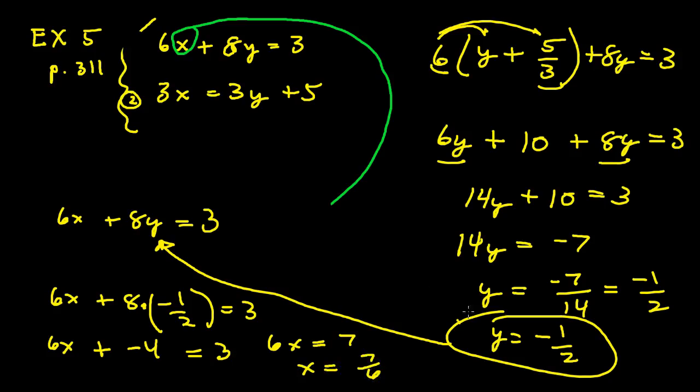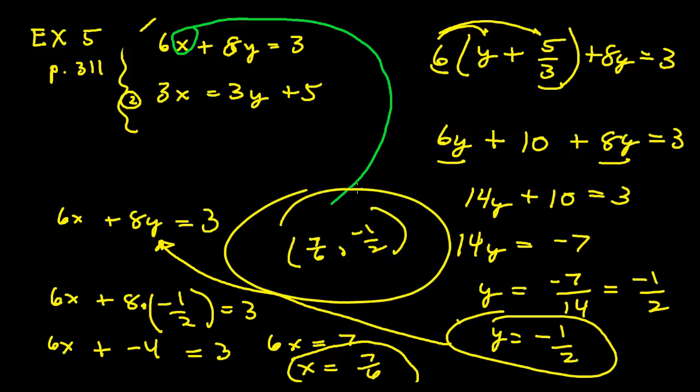So the solutions here are 7/6 for x and -1/2 for y. Or if you like to answer in ordered pair notation, 7/6 for x and -1/2 for y. That's not too bad, even with the fractions.